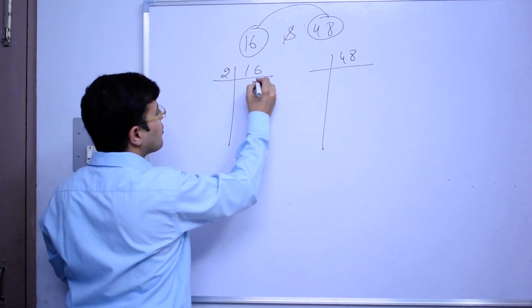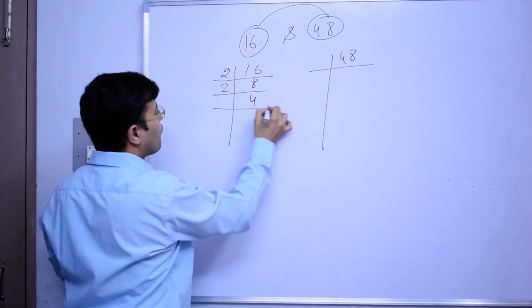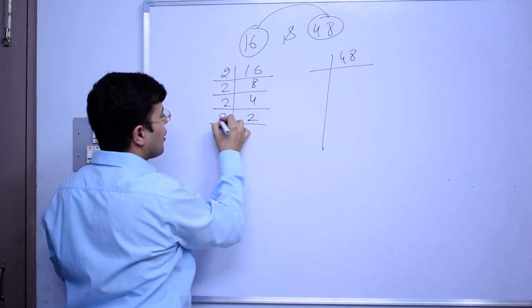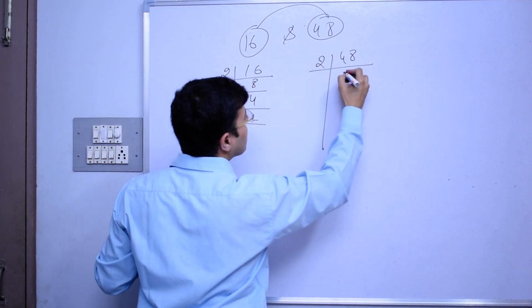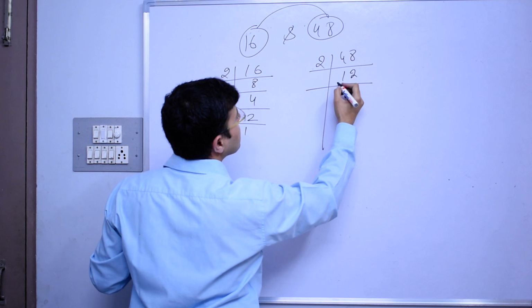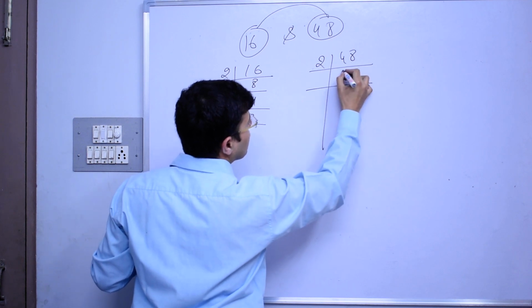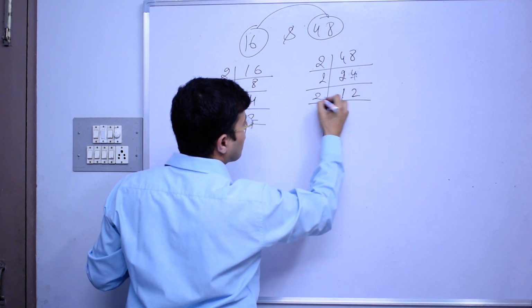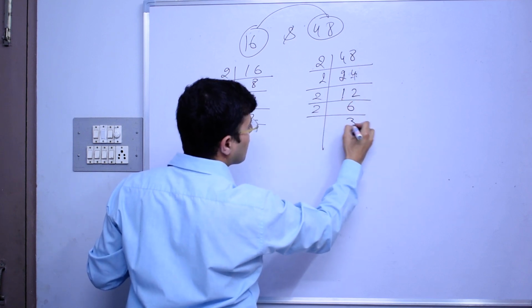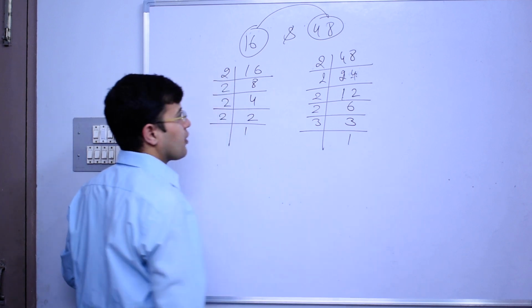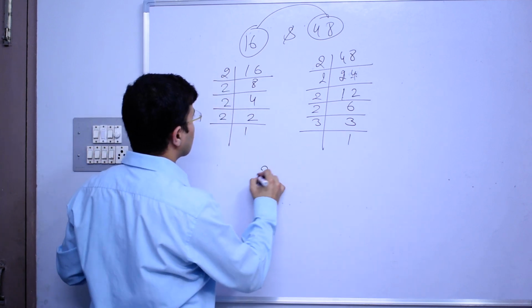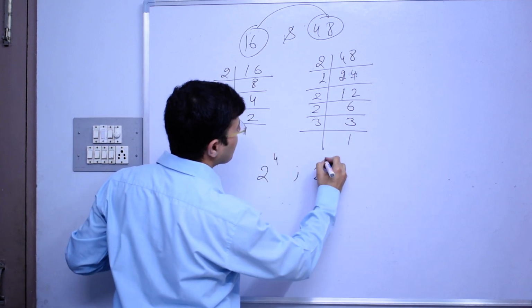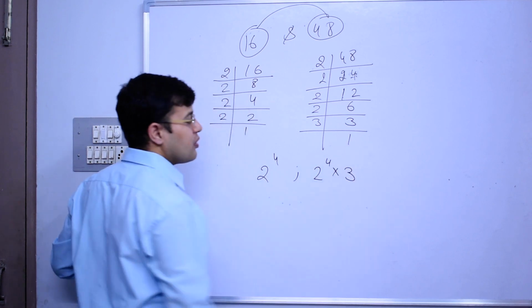So this is 2, 8, this is 2, 4, this is 2, 2, and this is 2, 1. This is 2, this is 12, sorry, this will be 24, 2, 12, 2, 6, 2, 3, and 3, 1. So now this is 2 raised to the power 4 and this is 2 raised to the power 4 into 3.